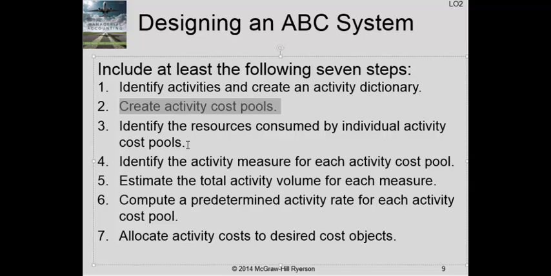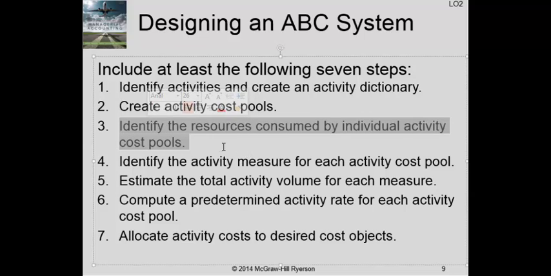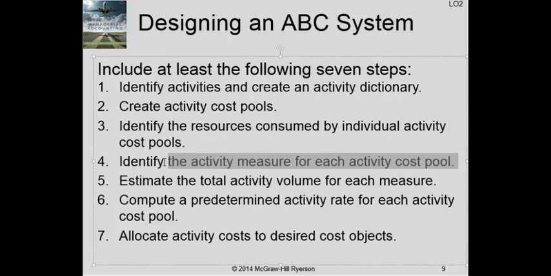So a lot of this is going to be driven by cost behavior. Then we want to get a sense of what are the resources that get consumed by these cost pools, and so on. And then can we come up with an activity associated with the cost pool that we can actually measure, right? Easily, economically measure.